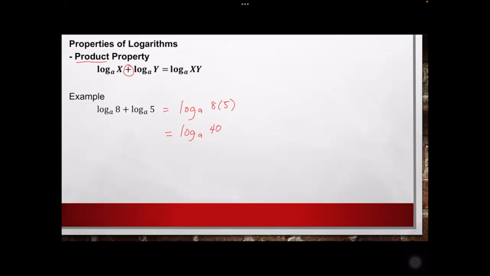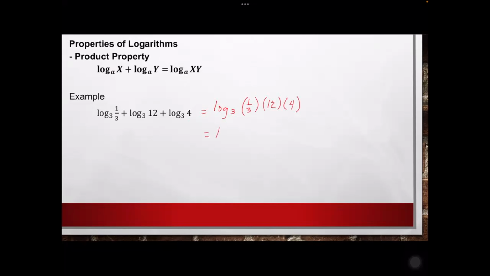Okay, next, we have logarithm of 1/3 with base of 3 plus logarithm of 12 with base of 3 plus logarithm of 4 with base of 3. So, this will be equal to logarithm, ang base na ay 3, tapos 1/3 times 12 times 4.